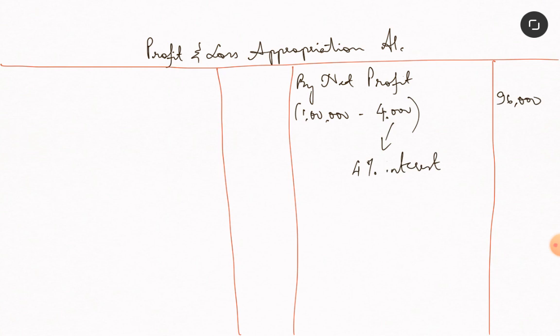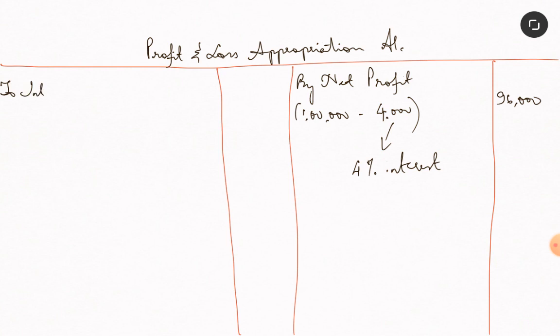All right, so now we have the opening balance of net profit. Now let's make the adjustments for which we are going to require the profit amount. Firstly, point number 1, capital is chargeable with 5% interest per annum. So interest is going to be deducted from the net profits. So, to interest on capital, or you can write it as to partner's current account, and under that you can write interest on capital.